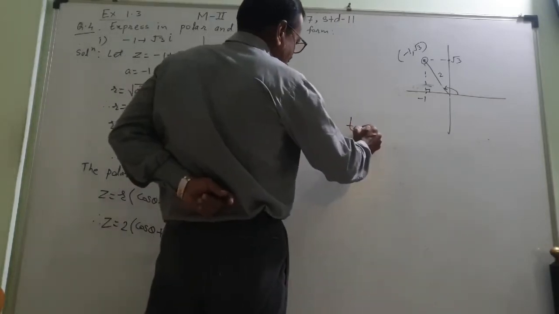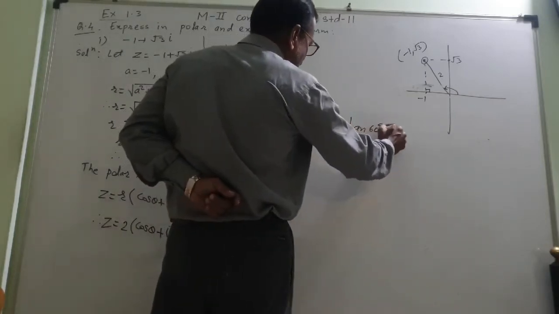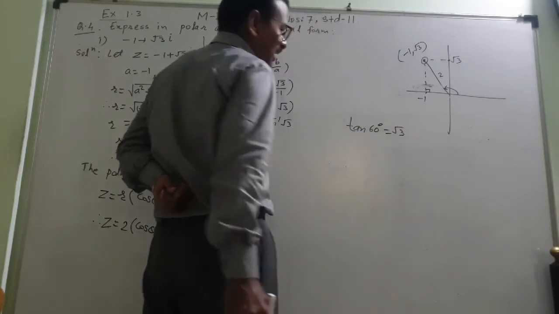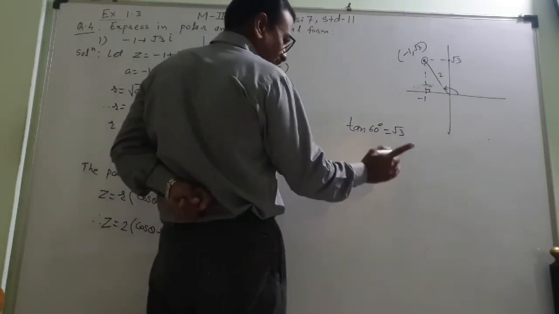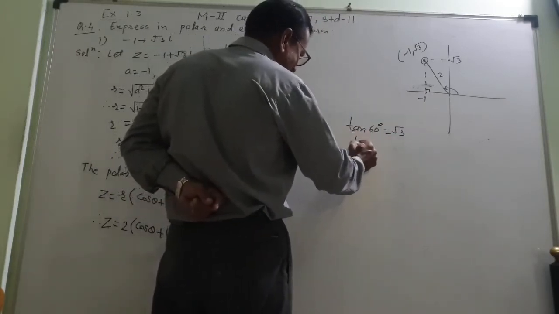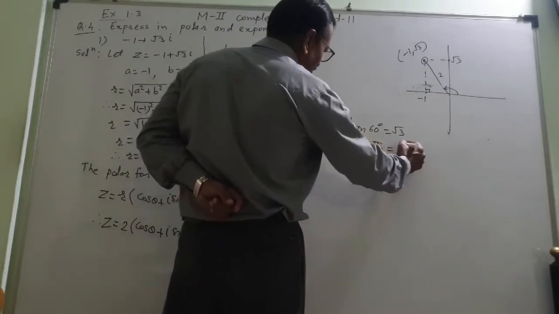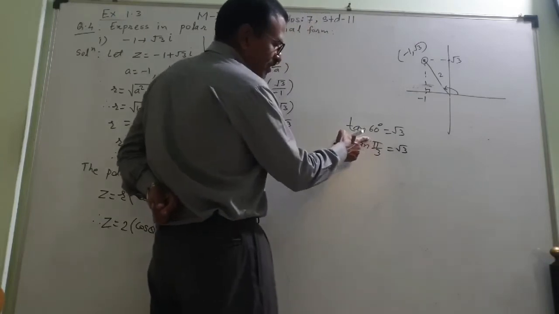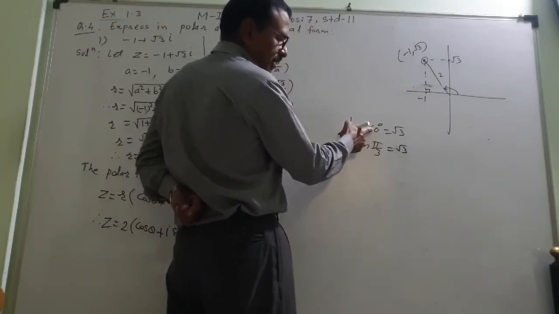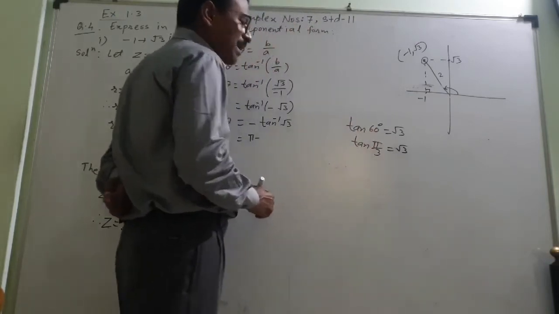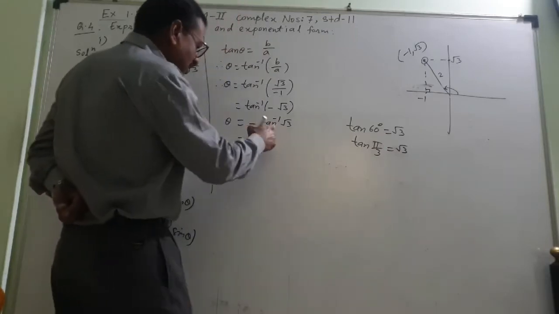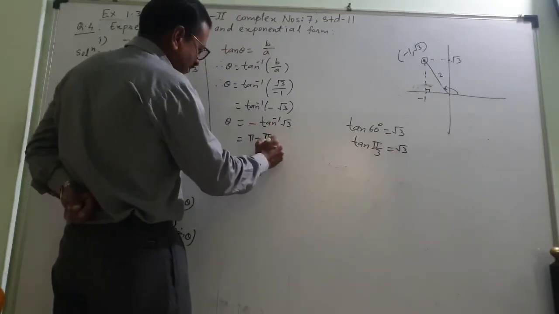Tan of 60 degree is equal to root 3. That I know. Okay. 60 means tan of pi by 3 is equal to root 3. Pi by 3. Pi means 180, upon 3 is 60 degree. So we write in radians. So this is pi by 3.